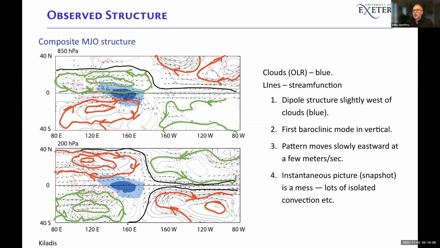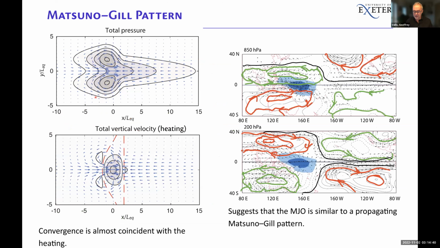It is primarily a baroclinic structure because its phase goes through a 180 degree phase change in the vertical, but because it is dominated by a single baroclinic mode, you can simulate it basically with the shallow water equations with a single layer in the vertical. So that single layer represents the baroclinic mode, if that makes sense. You only need a single layer, but that layer is the baroclinic mode.